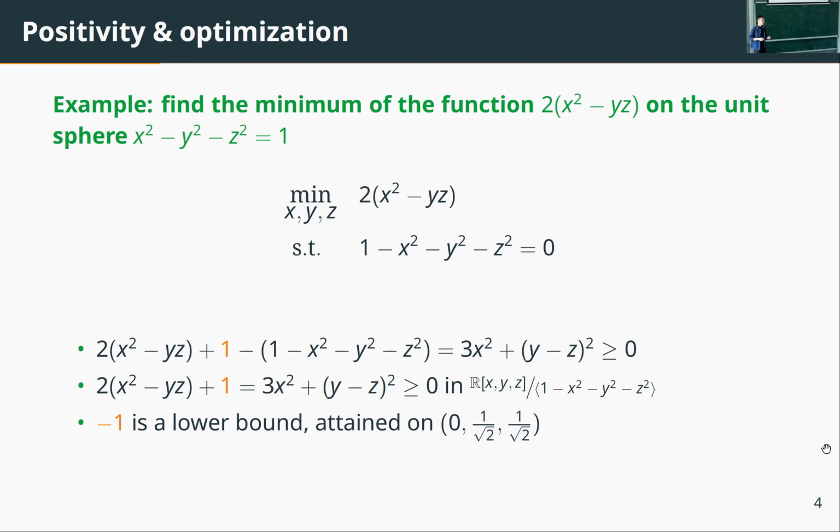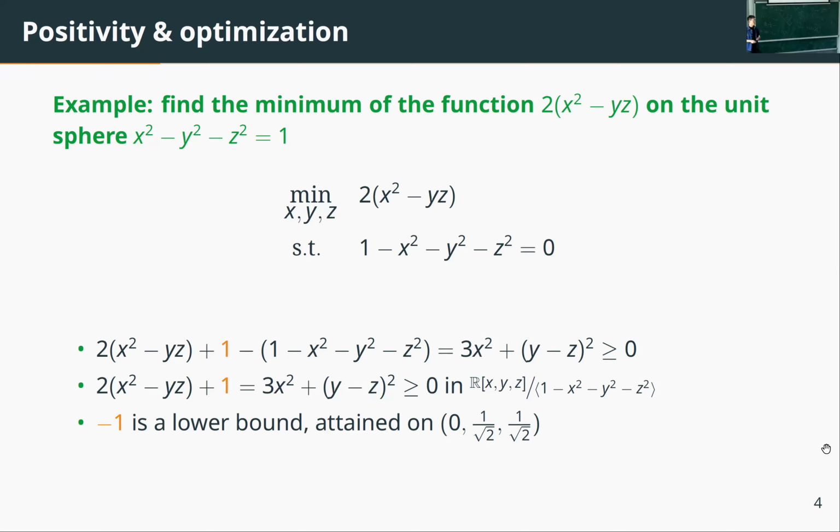You may wonder whether this lower bound can be achieved. Yes, it can be achieved if and only if this inequality is saturated, and so you need x to be 0 and y, z to be the same. So on the unit sphere, you can take y and z to be 1/√2 or minus 1/√2.